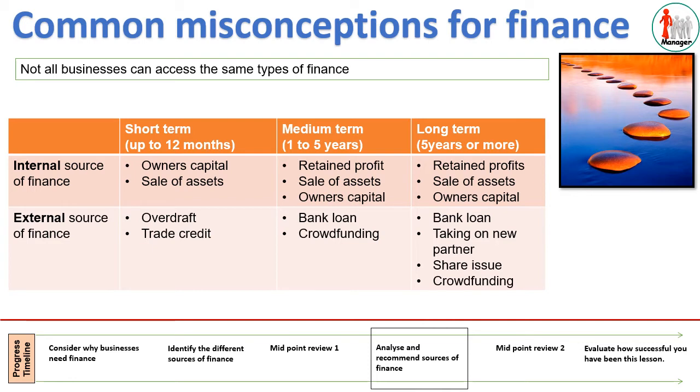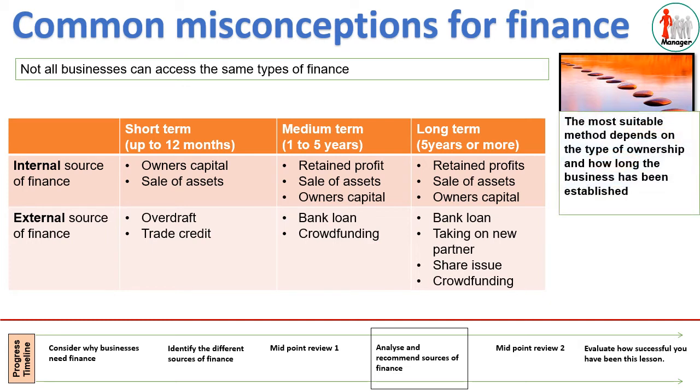A common misconception for finance is that all businesses can access the same types of finance. You really do have to be very careful and look at the type of ownership of the business and how long they've been established. If I am a sole trader and I've just started up in business, then unfortunately I would probably need to remove from the options the sale of assets, because I haven't got any.